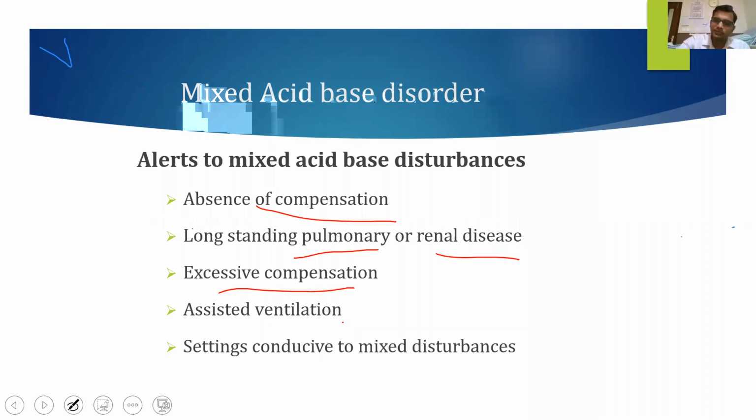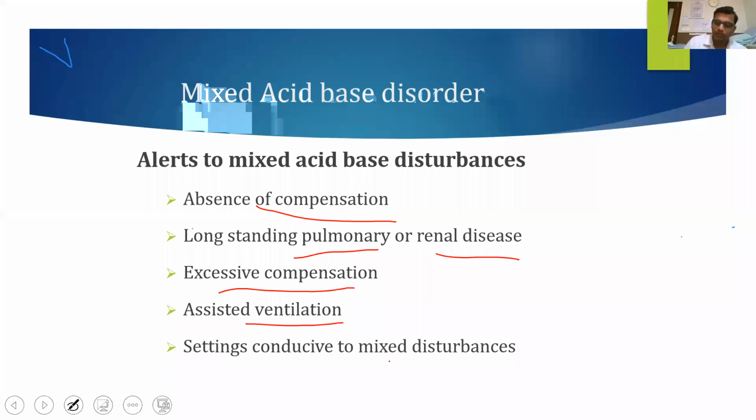Once there is assisted ventilation, for example, a patient with a metabolic disorder who is ventilated and paralyzed, there won't be proper body compensation if the ventilation is under our control. So that might cause a mixed acid-base disorder.